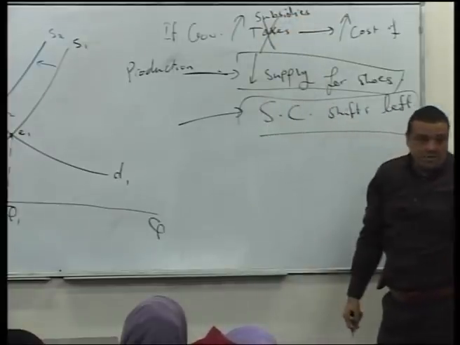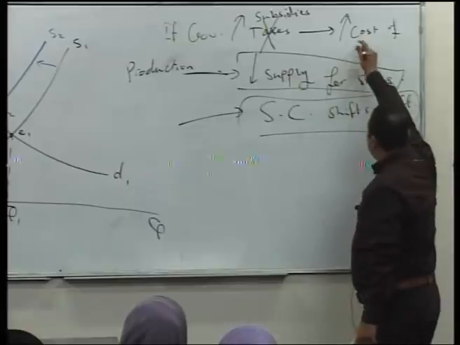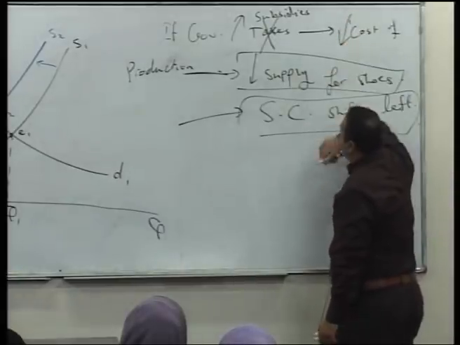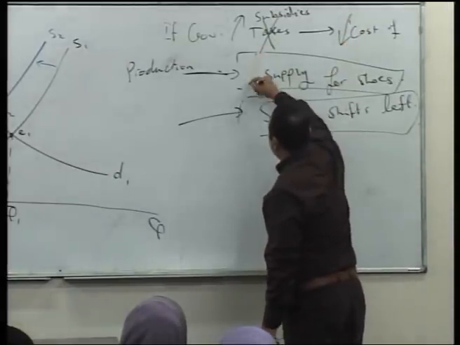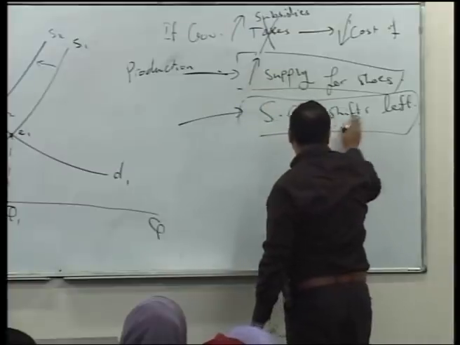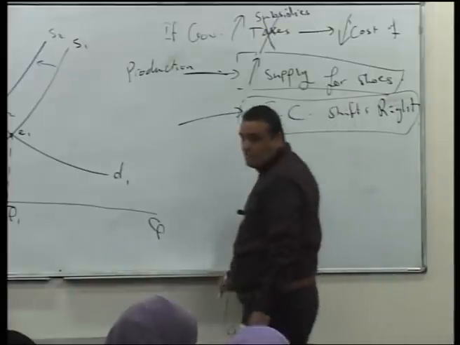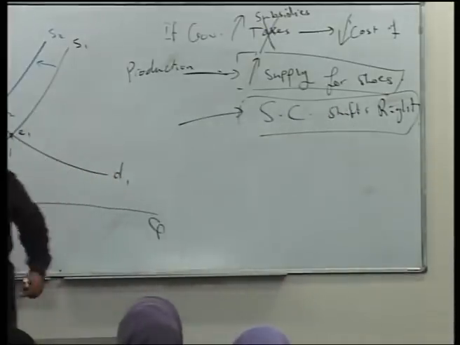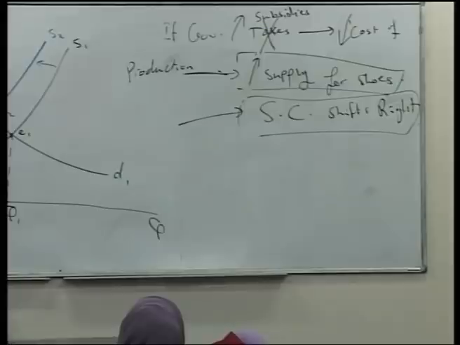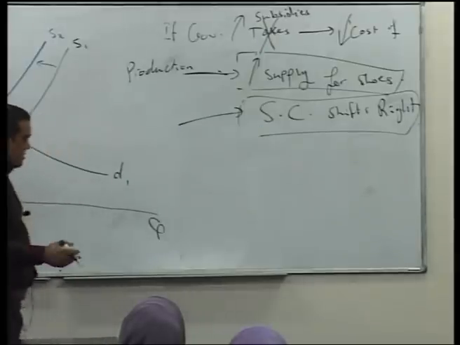Support for the producers. The cost of production goes down, the supply for shoes increases, so the supply curve shifts right. Subsidies means support, financial support maybe, or in kind sometimes.